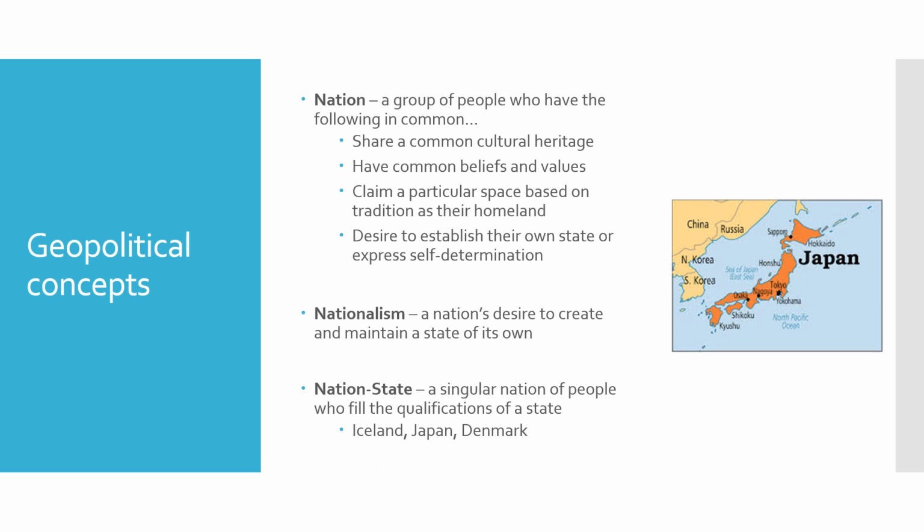So one thing that you can kind of glean from this is the term semi-autonomous region or nation, because this is a group of people that have some control but also yield power to a larger body. So you can bring up American Indian reservations.